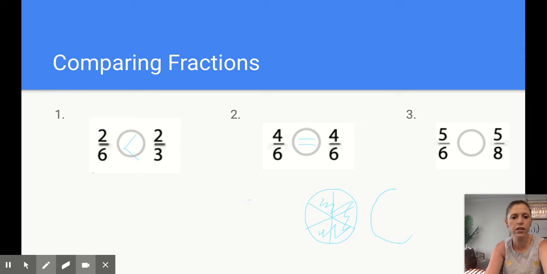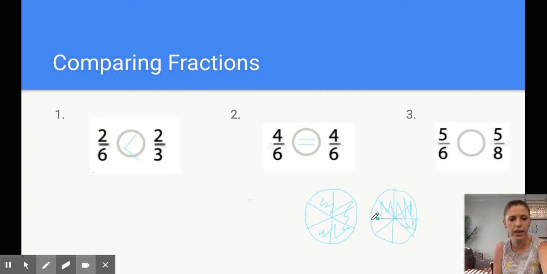Then I'm going to draw another circle. I want my model to be about the same size, so that I can effectively compare these 2 fractions. And now I'm representing 5/8. So I divided my shape into 8 equal parts. And then I'm going to shade in 5 out of those 8 pieces.